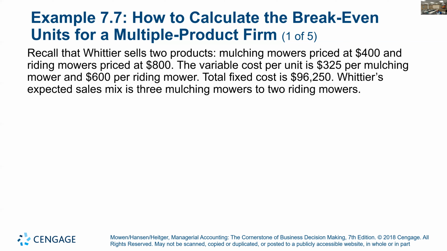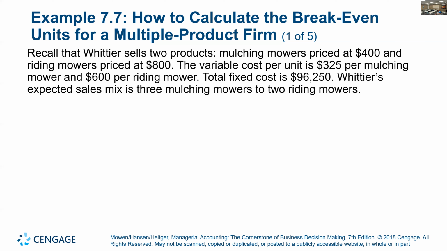Step 2, once we have our sales mix, is we create a basket of products. What I mean by that is we assume that we sell one big basket that includes our whole sales mix. So in this example, we're going to create a basket.